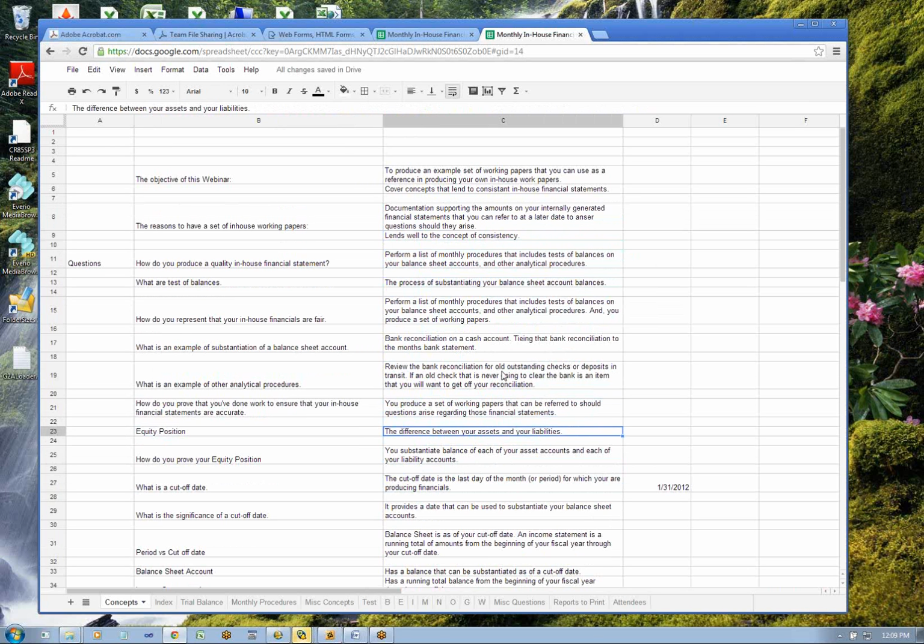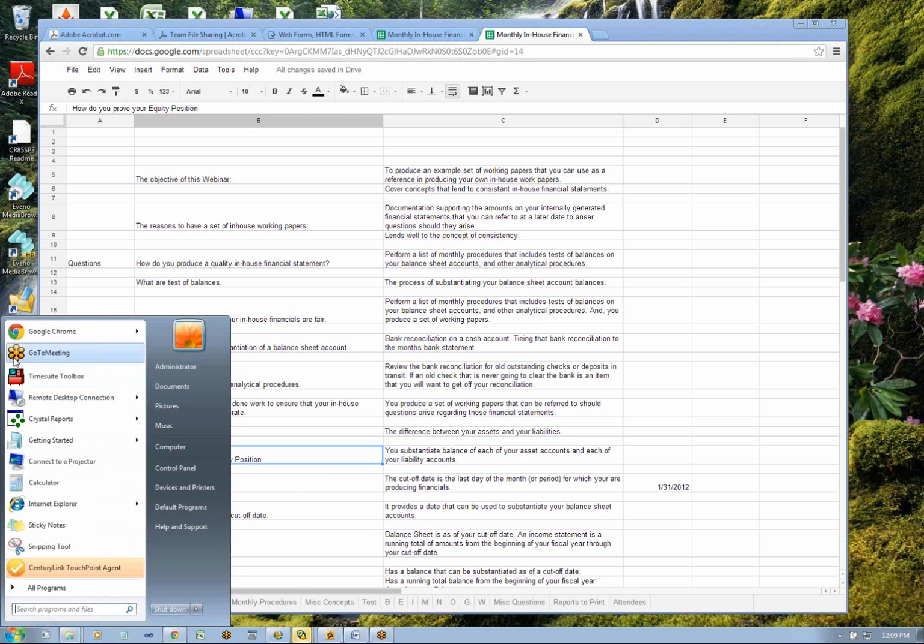So your equity position is the difference between your assets and liabilities. That's just a definition. So on your balance sheet, let's go into the demo database.